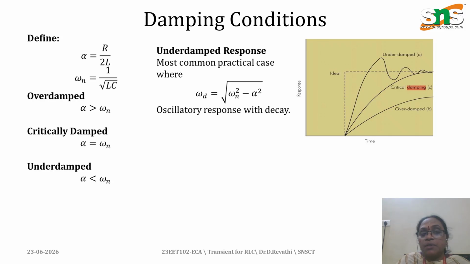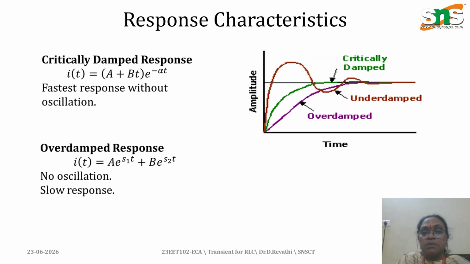So overdamped is alpha greater than omega n, underdamped is alpha less than omega n, and critically damped is alpha equal to omega n. These three dampings are shown in the characteristic equation. The critically damped response is i(t) is equal to (A plus B t) into e to the power of minus alpha t.